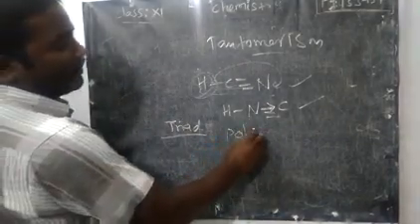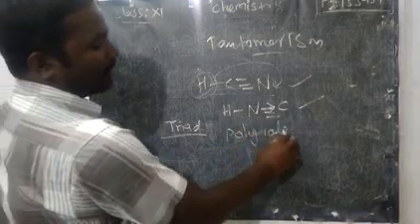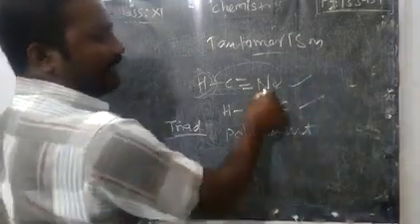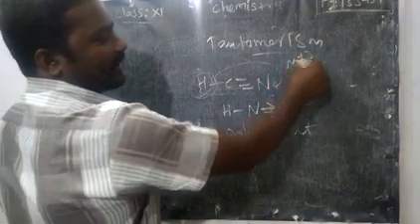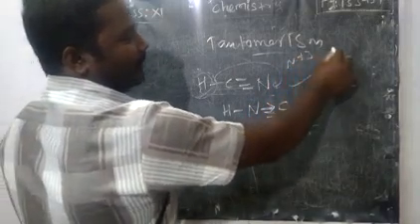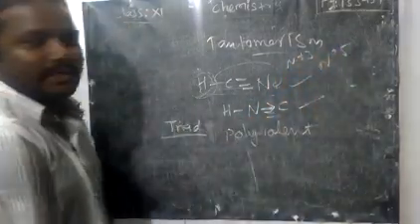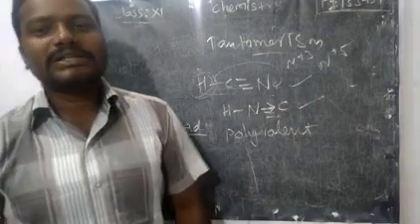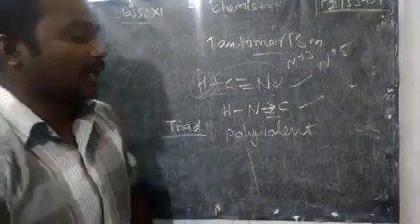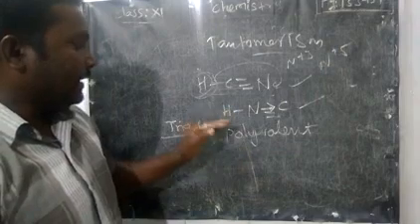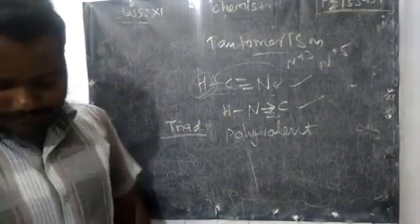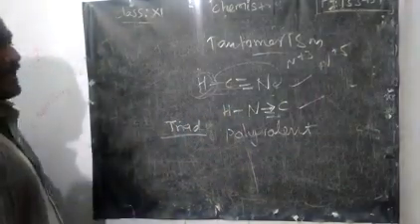They are saying one more word, polyvalent. What do you mean by polyvalent? See, nitrogen can exist in +3 oxidation state as well as +5 oxidation state, right? Because of this variable oxidation state, it is called polyvalent. Okay, right?